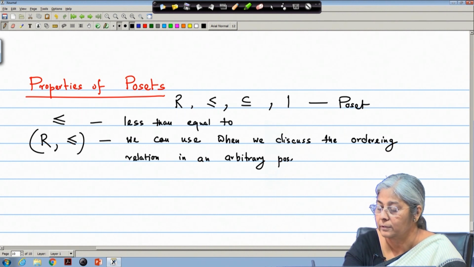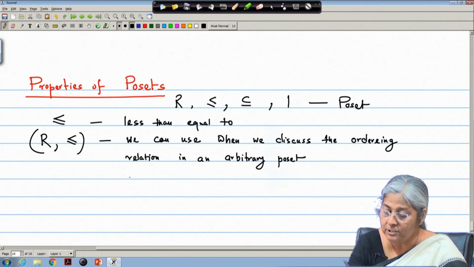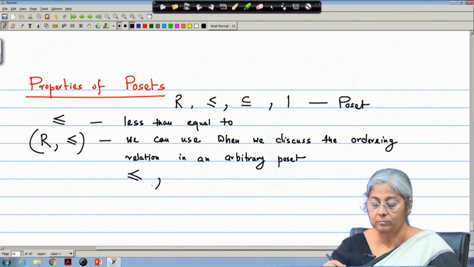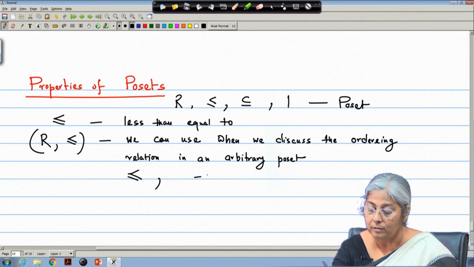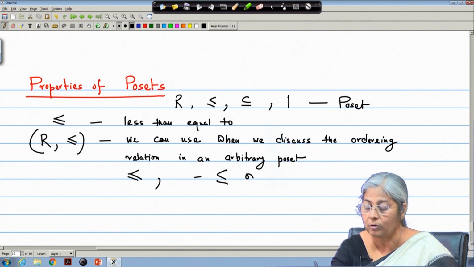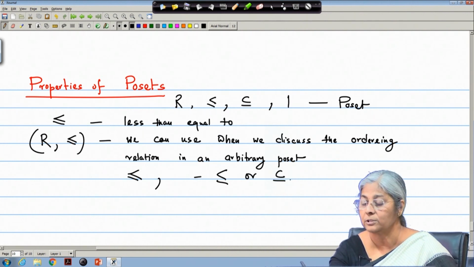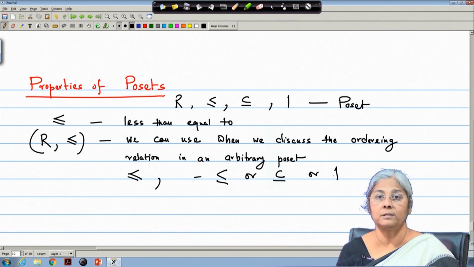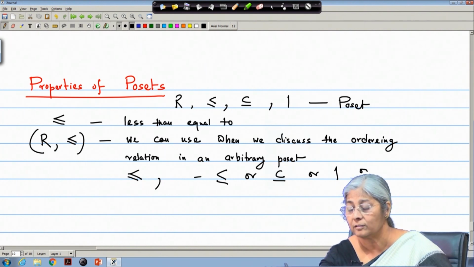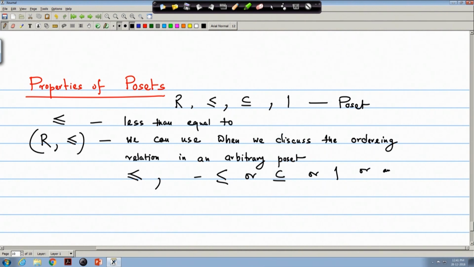That means this relation can be less than or equal to, or set inclusion, or divisibility, or any other operation.